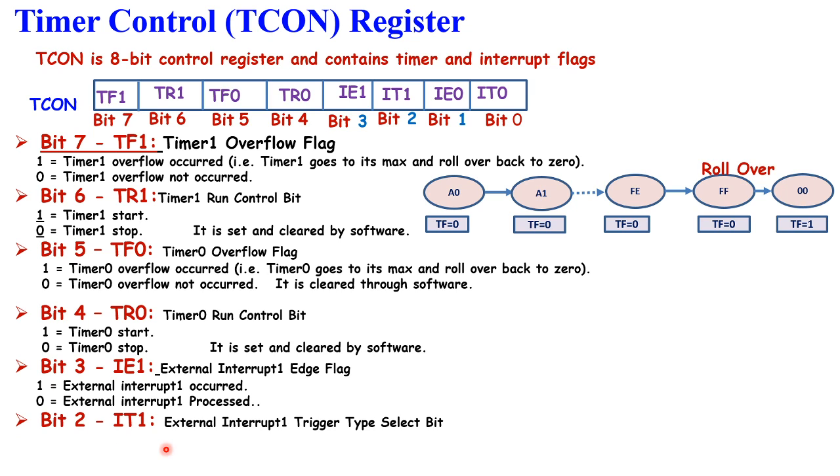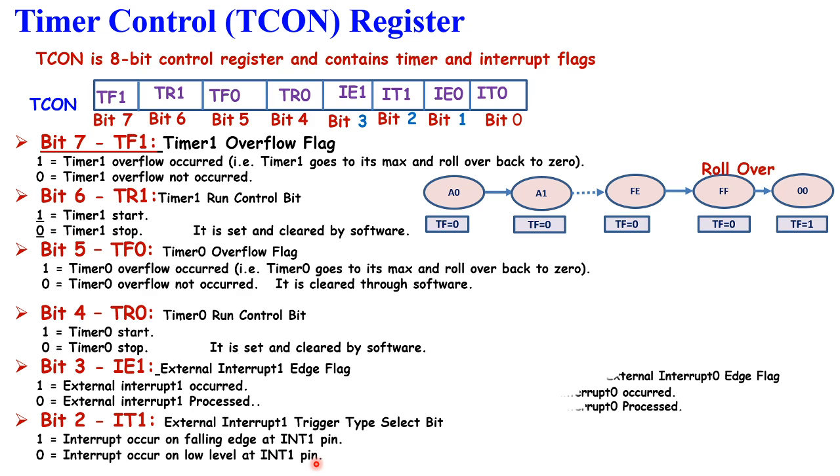Bit 3, bit 2, bit 1, bit 0 are used for interrupts. IE1 is the external interrupt 1 edge flag: 1 means external interrupt 1 occurs, and 0 means external interrupt 1 is processed. IT1: when it is equal to 1, the interrupt occurs on the falling edge of the INT1 pin, and when 0, the interrupt occurs on the low level of INT pin 1.